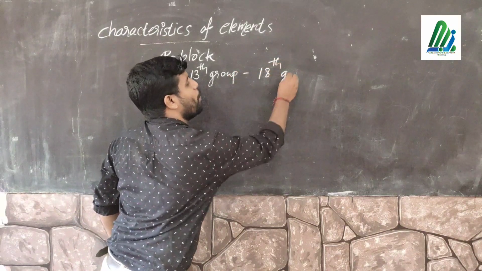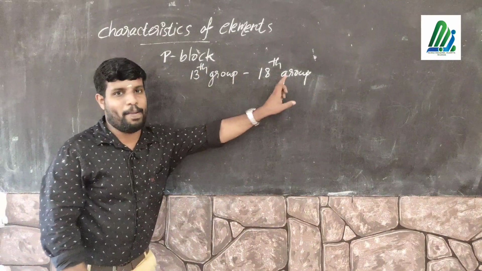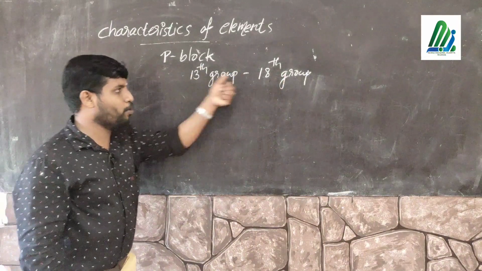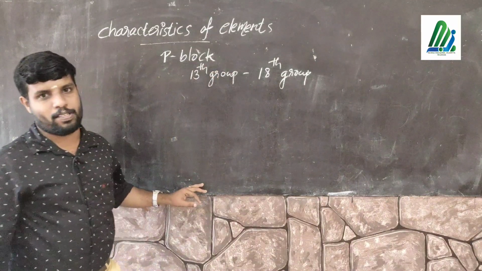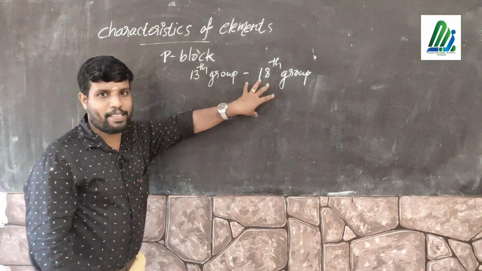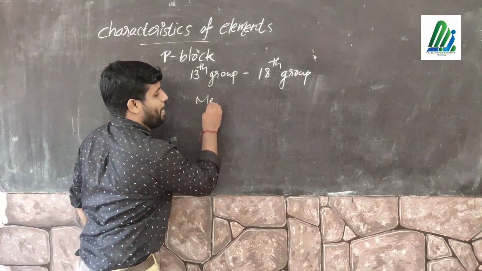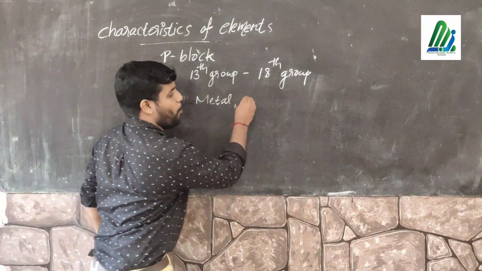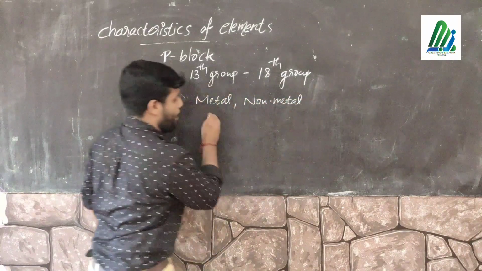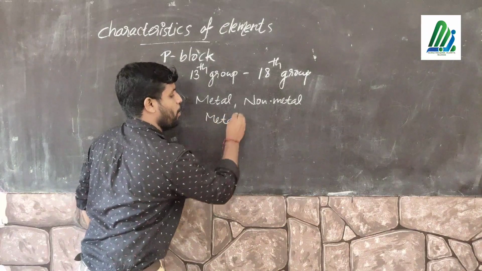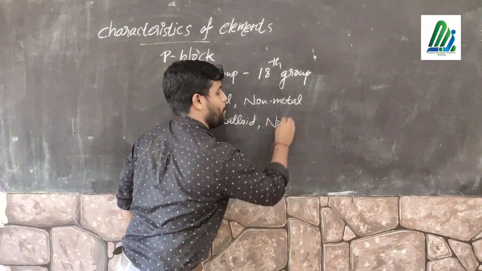From the boron family to the noble gases, they are known as P block elements. For this block, there is a special case: it includes metals, non-metals, metalloids and noble gases.